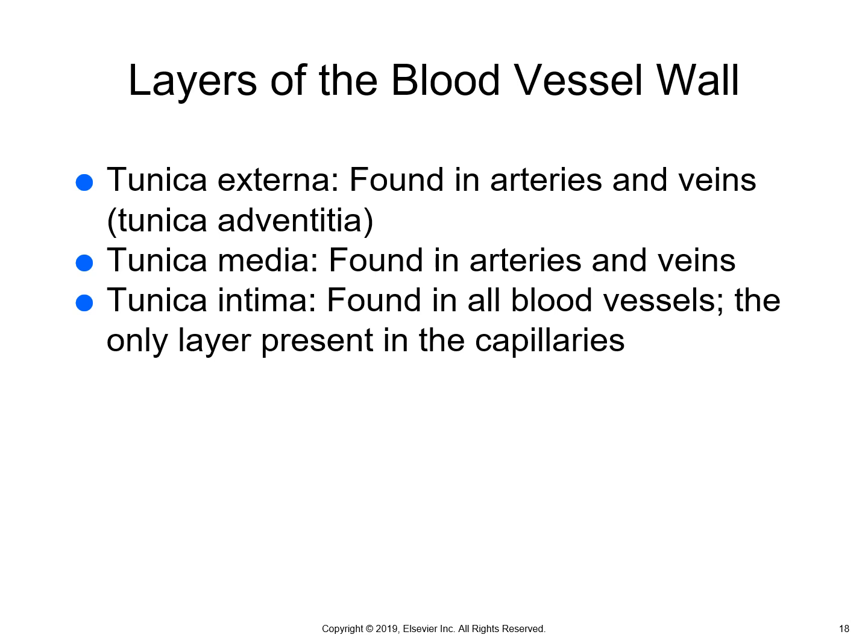All right, now we're going to move into the middle layer, which is tunica media. The middle layer of the blood vessels is made up mostly of the smooth muscle that we talked about. It's found in arteries and veins, but it's much thicker in arteries because they need to be able to withstand that high pressure from the heart.